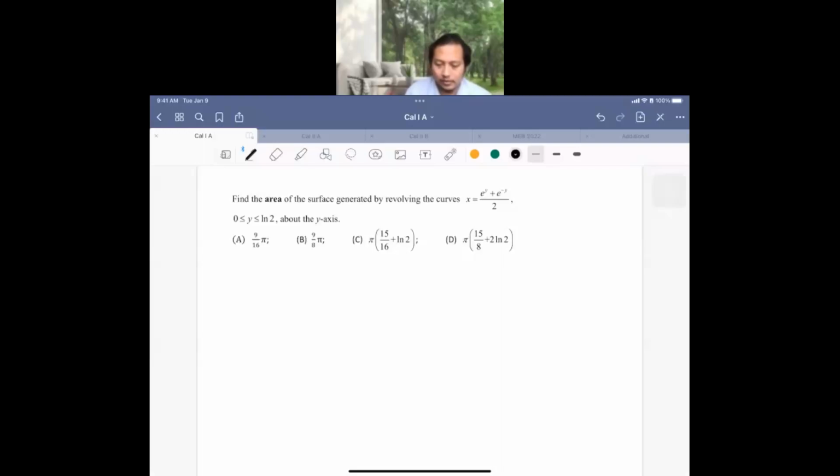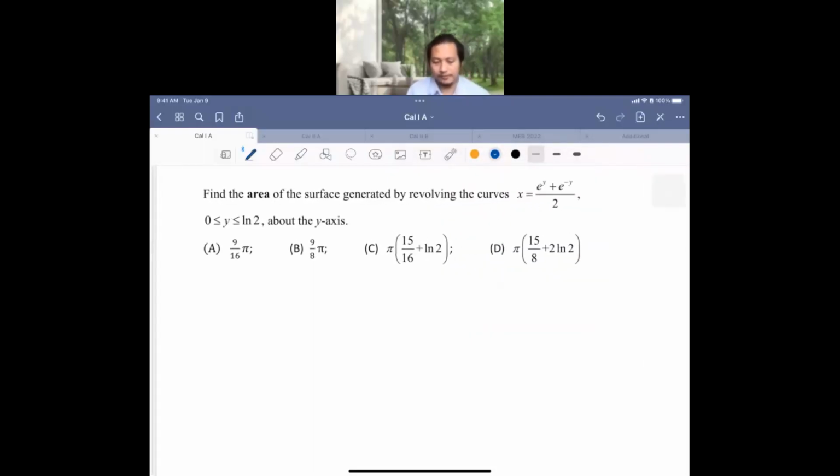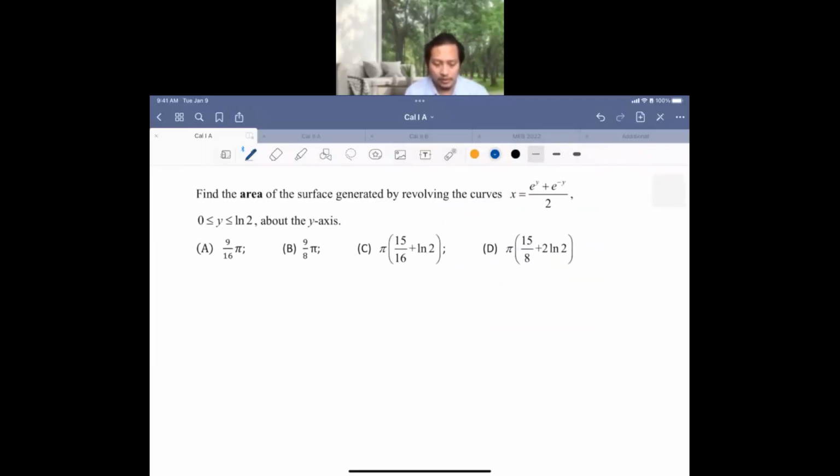All right. This one, what you need to do is first just imagine the rotation. So this is rotating about the y-axis, right? So the surface should be 2 pi x times dL, where dL is the arc length.